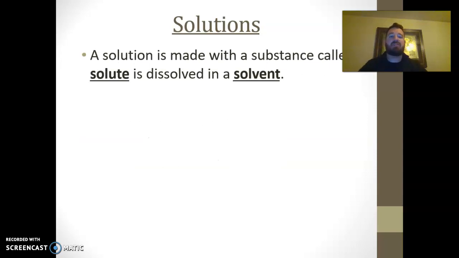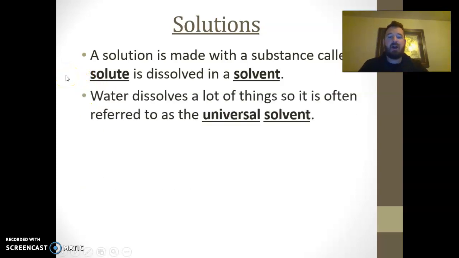Solutions are made with substances called a solute, and that solute dissolves in a solvent. I would want to put a star next to those two terms. Water often dissolves many things, so we call water the universal solvent. You might do this at home.